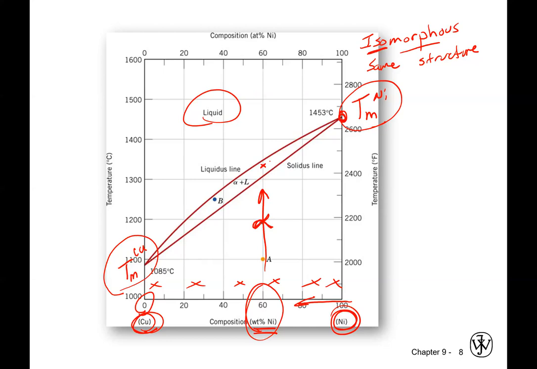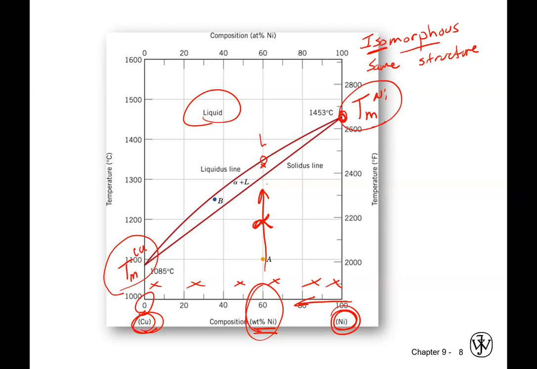I'd have solid, I'd have liquid. And we'll talk about how to figure out how much of each I'd have, but it's not going to become any more solid, it's not going to become any more liquid as long as I hold that temperature. If I keep going up in temperature and I exceed this value here at about 1350, then I will have all liquid, so I've completely melted.